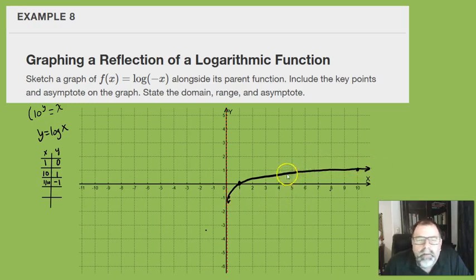Now we're going to do the reflection, and remember the reflection is we change the x values to their opposites. So we multiply just the x values by -1, and the y values stay the same.